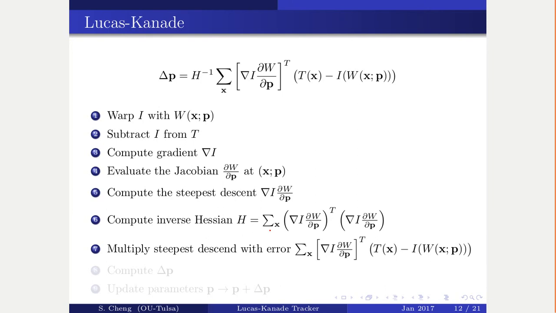And then eventually I can compute the error, which is this thing here. So I compute this whole term. Then I compute the del p, so I got this whole thing here. Then I update the parameter p. So I just repeat this whole process again and again.